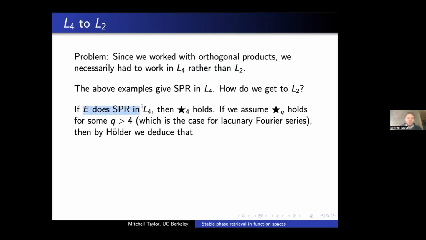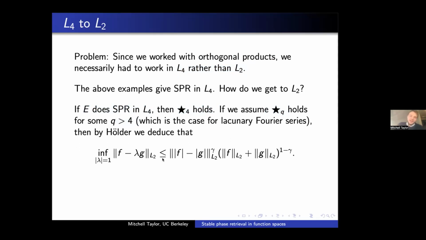If E does SPR in L4, then this star 4 property holds, and hence star Q holds for all Q less than 4. But if we also assume that star Q holds for some Q strictly bigger than 4, then by Hölder we can deduce a certain inequality.